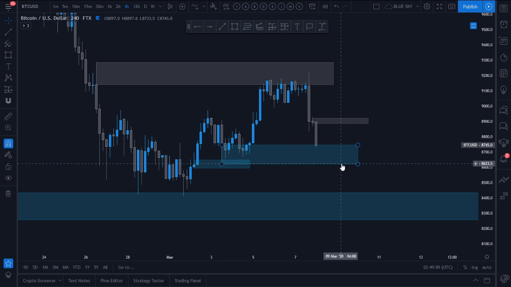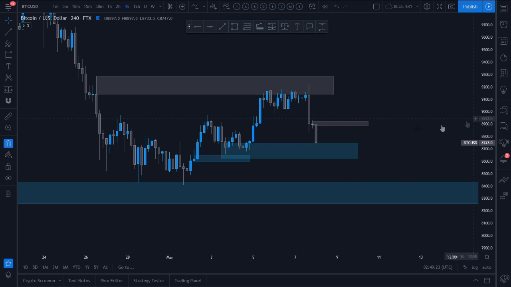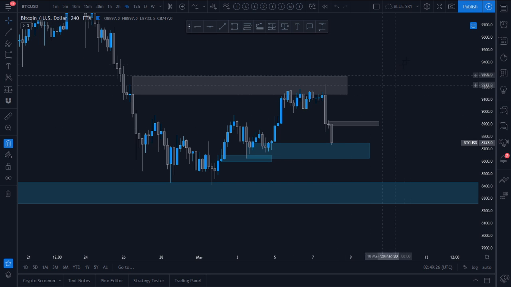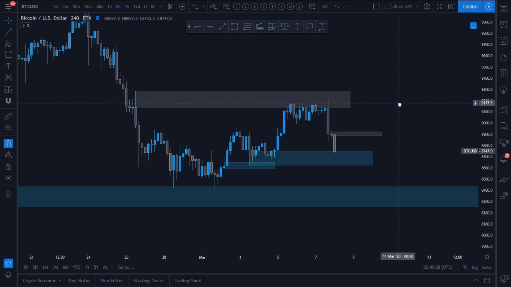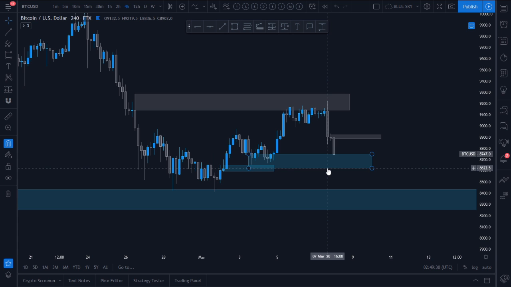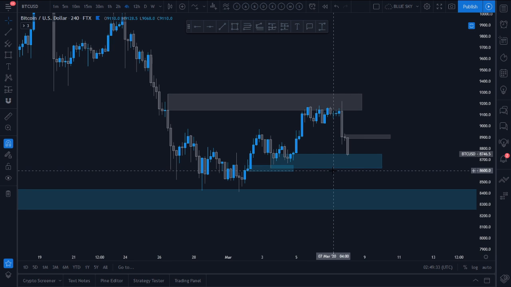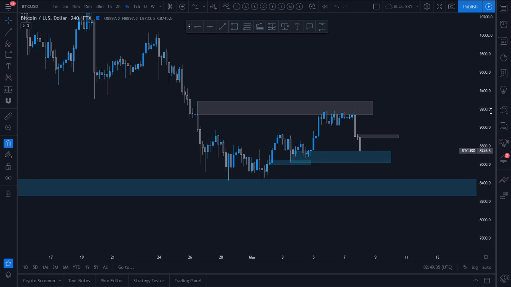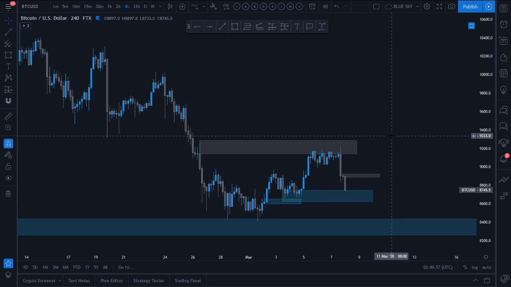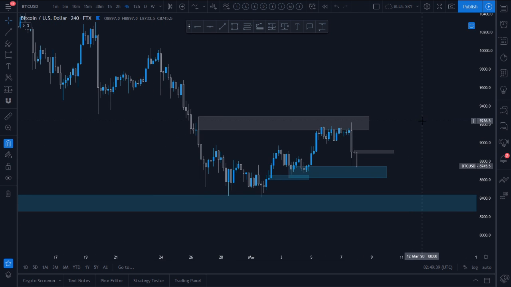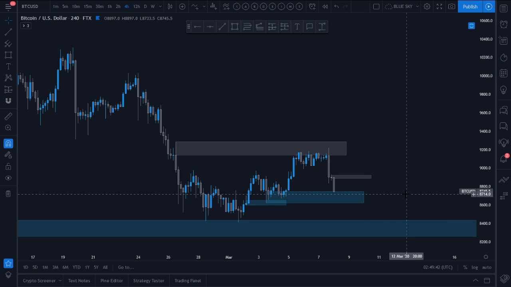So as long as we stay above 8,600, yeah, 8,620, BTC could bounce and possibly even continue to go higher from here, but you should be careful. I suggest to make your stops below 8,600 so that you don't lose money, guys. Okay, don't get wrecked, stay careful.